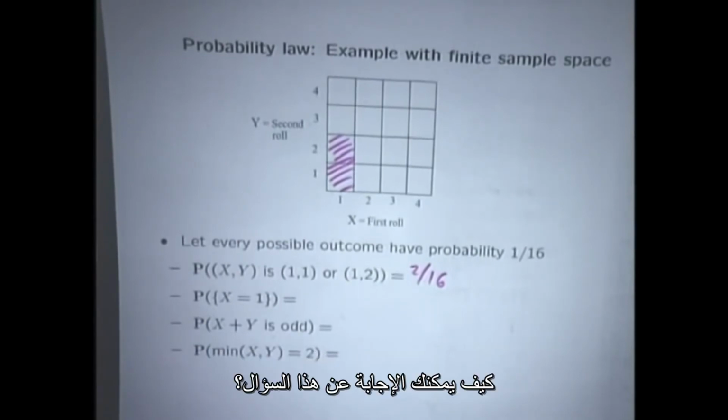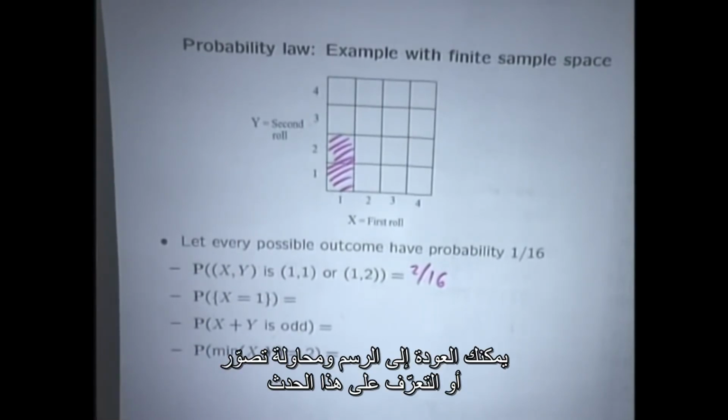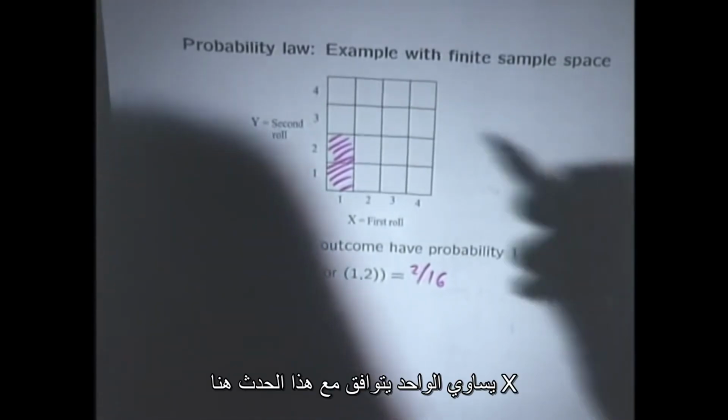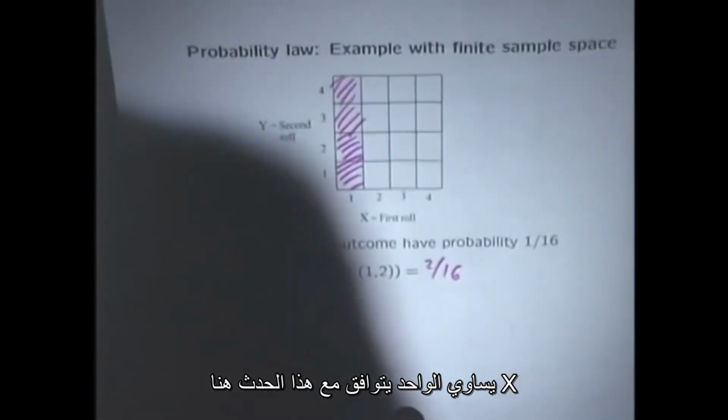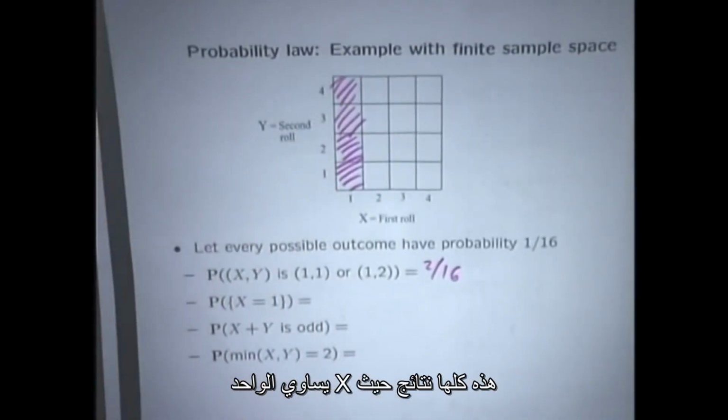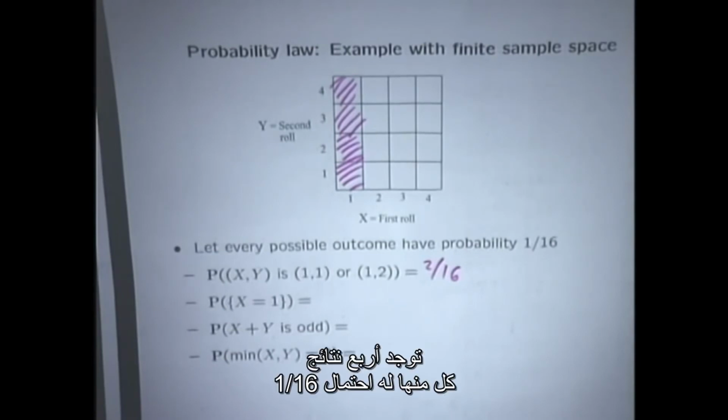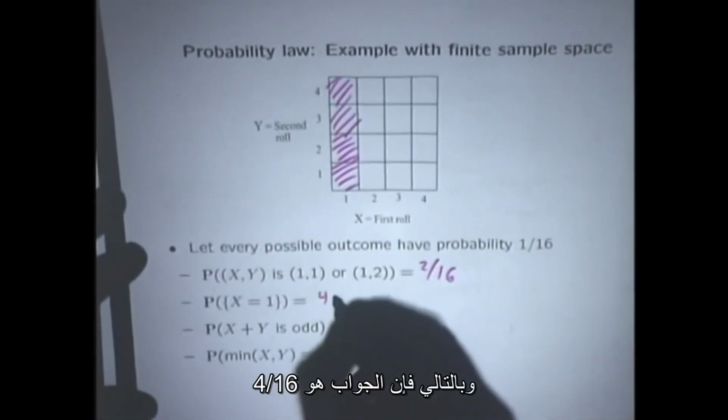How do you answer this question? You go back to the picture and you try to visualize or identify this event of interest. X equal to 1 corresponds to this event here. These are all the outcomes at which X is equal to 1. There's 4 outcomes. Each one has probability 1 over 16. So the answer is 4 over 16.